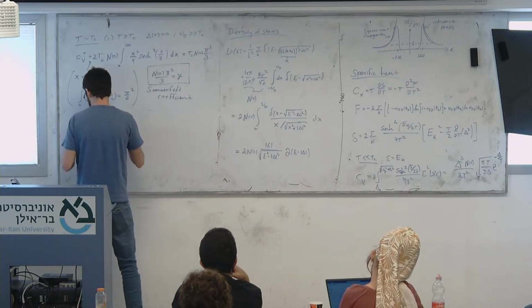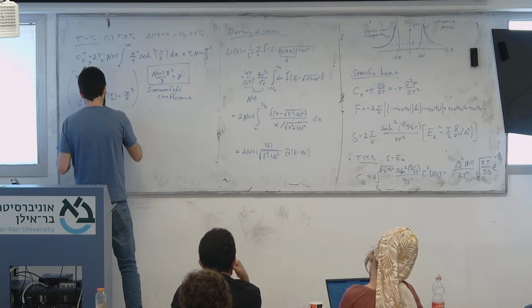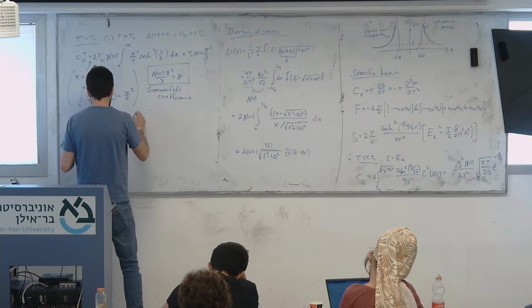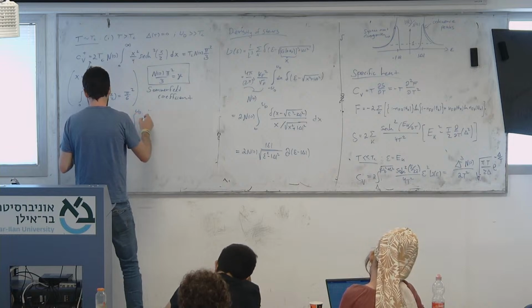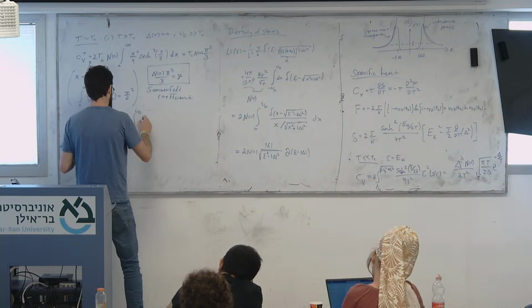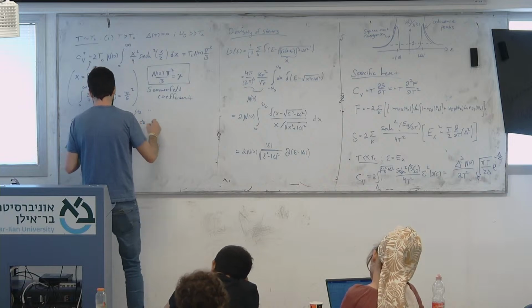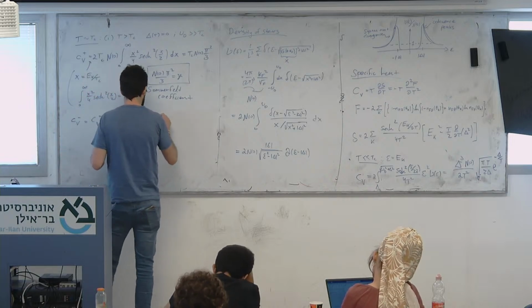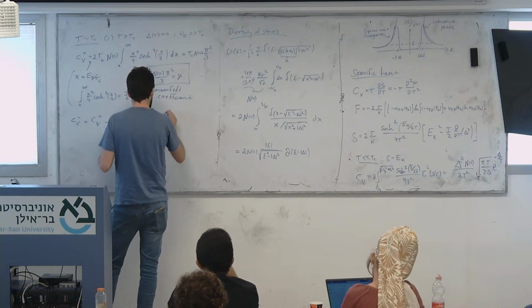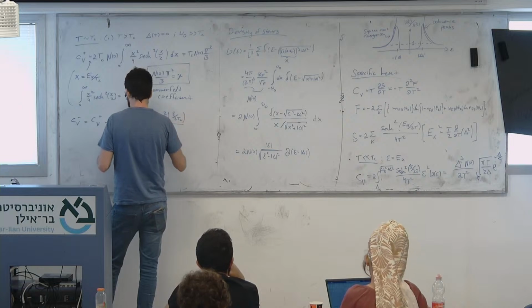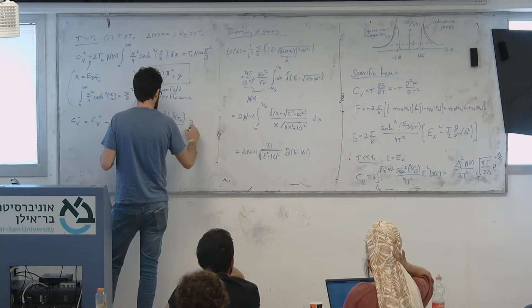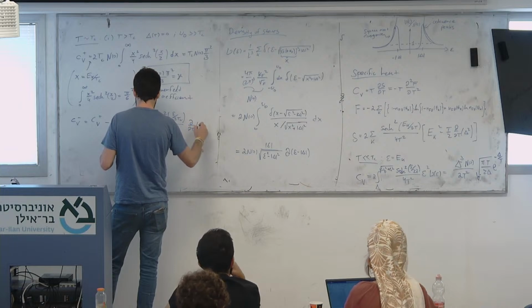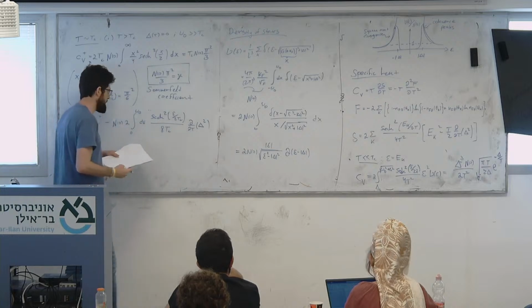So we're going to have a density of states times the integral from 0 to omega D of d epsilon, sec squared of epsilon over 2 Tc, divided by 8 Tc, d/dT of delta squared.